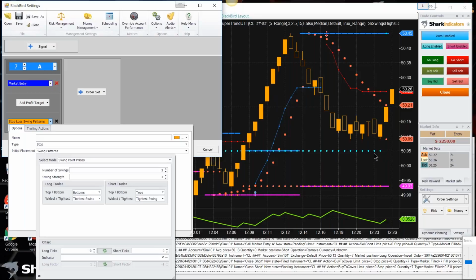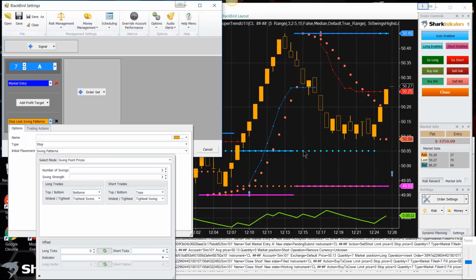If you follow the dots, those are the tightest ones. That's what I set up on my chart. The widest swing points are the hash lines. At least on my chart, the way I set it up.